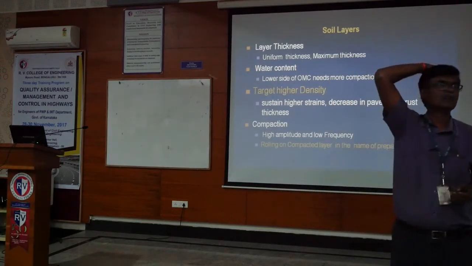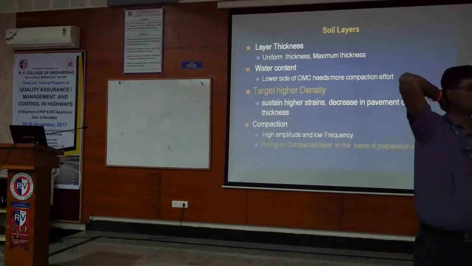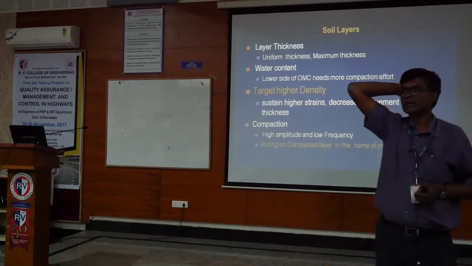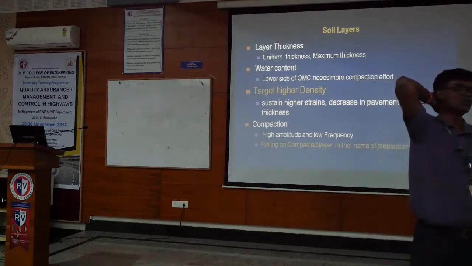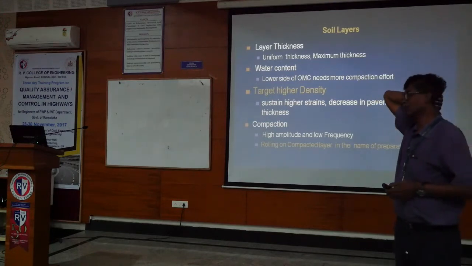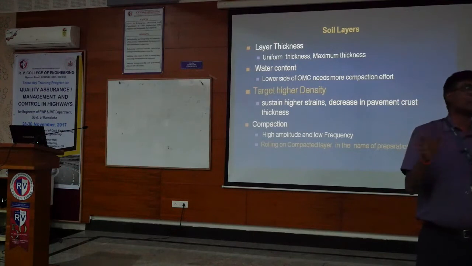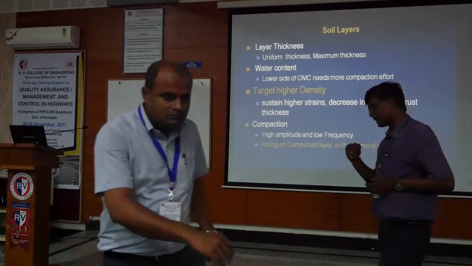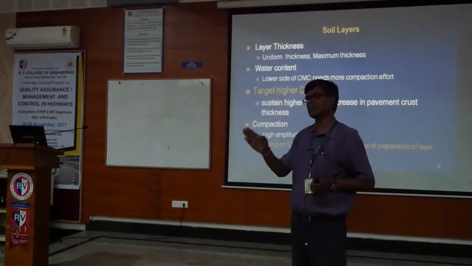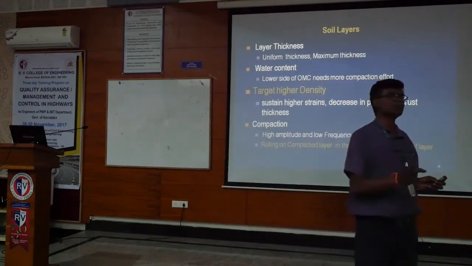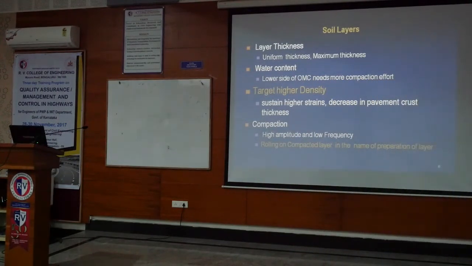In summer season, I cannot take water from the local tank or anything, and I cannot drill. Even if I drill, I may not get water. So we are talking about OMC and there is no water. So we need to balance. For such instances, it's always desirable to compact the layer at OMC so that for that particular material we get optimal benefit, optimal density.